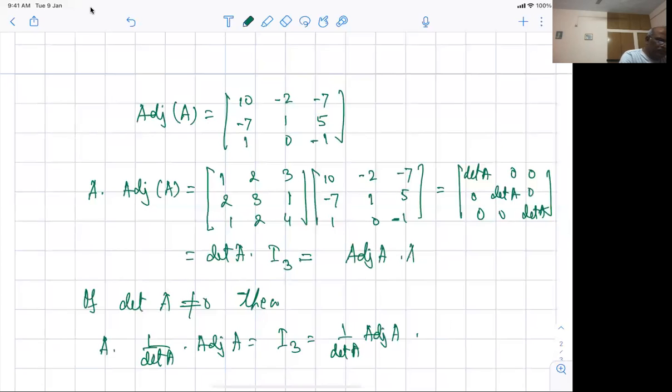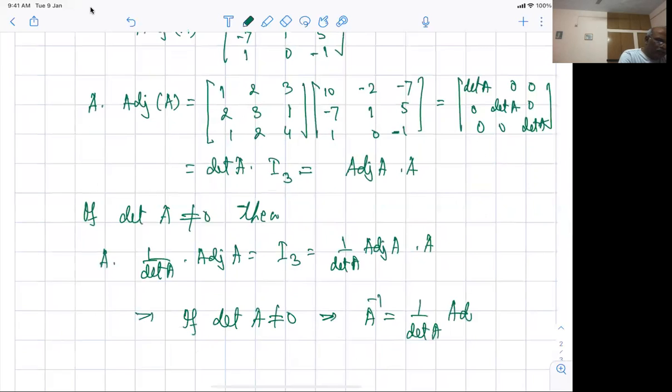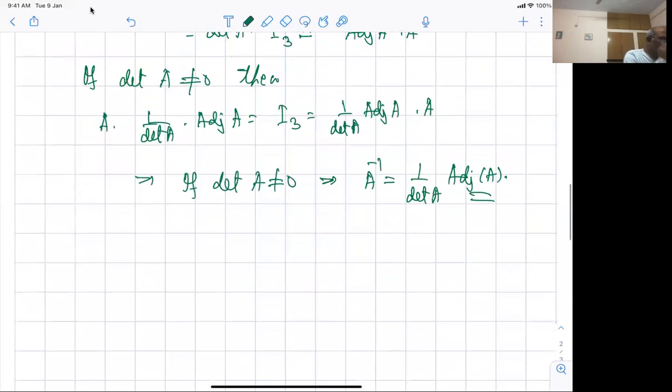So this implies if determinant of A is not equal to 0, then A inverse is equal to 1 over determinant of A into adjugate of A or adjoint of A, whatever you want to say. But be careful because it is not the adjoint which is nowadays talked about. So you have to be careful. Fine. So keep track of this for yourself.